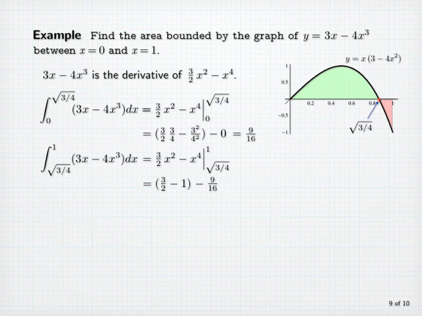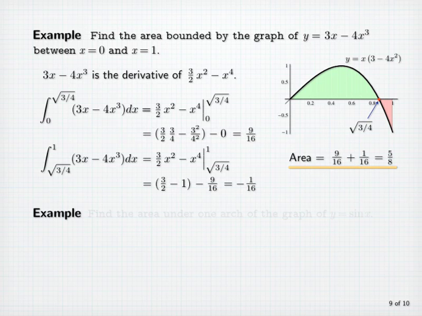Doing the arithmetic, we find now that that integral is minus 1/16. That minus 1/16 is the signed area between the square root of 3/4 and 1, and so the area of that region is plus 1/16. So our total area here is equal to 9/16 plus 1/16, which equals 5/8.